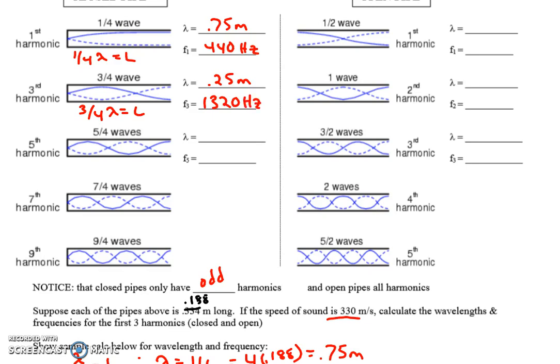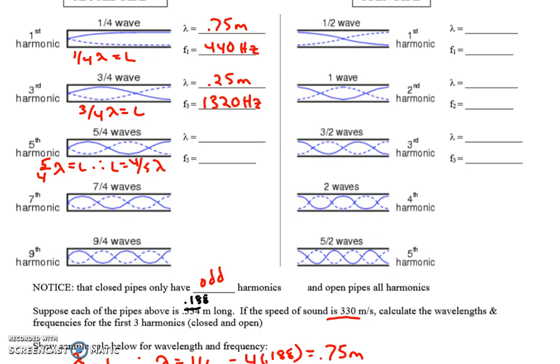All right. And then if I want to go to the fifth harmonic, just to make sure we got it, we have 1 1/4 waves, so we have 5/4 of lambda in L. Therefore, L equals 4/5 of the original wavelength.